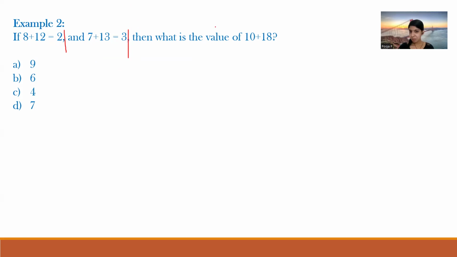All right, I can give you a minute. Ma'am, this might not make sense, but I have a logic. Tell me. It's 8 plus 12, and the answer is 2.